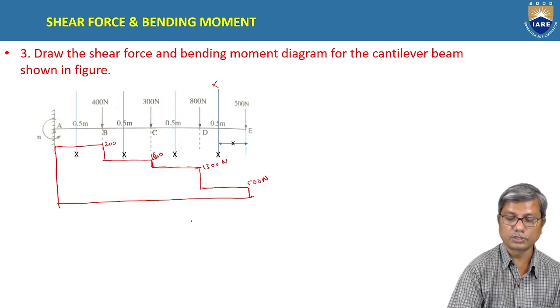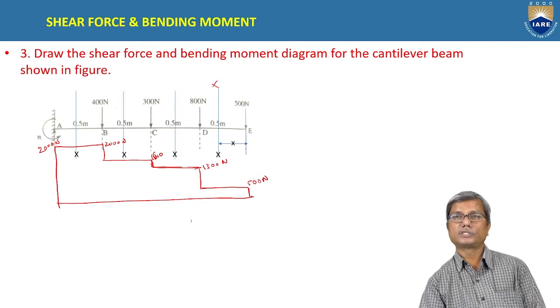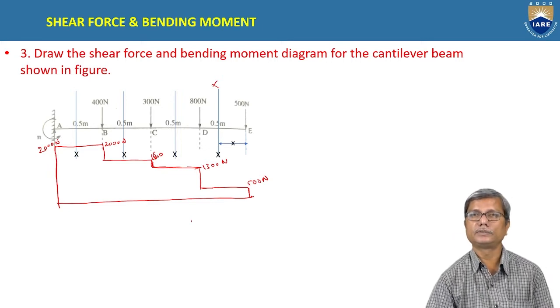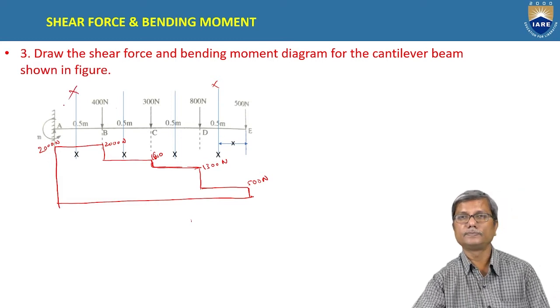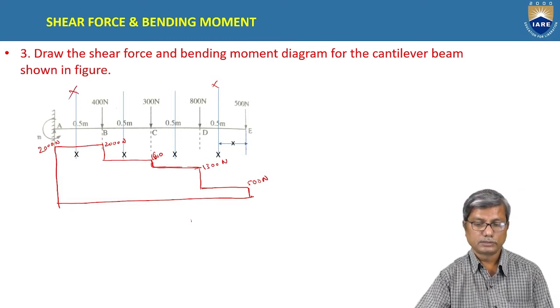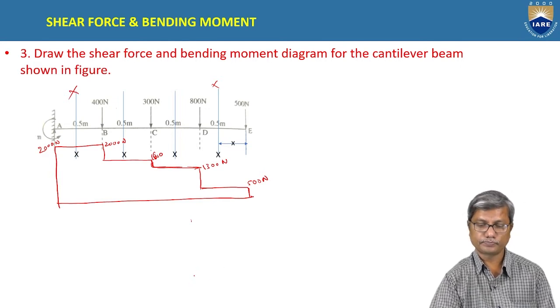So it becomes 2000 newtons in portion AB. That means it is the sum of all the forces acting towards right of section. This is simple. Similarly, bending moment diagram also.